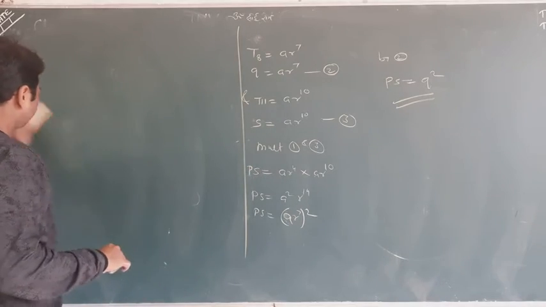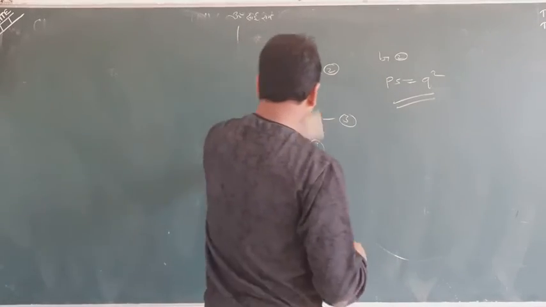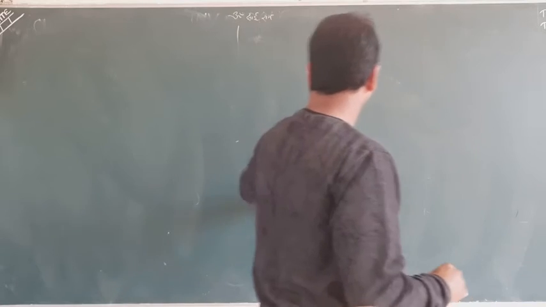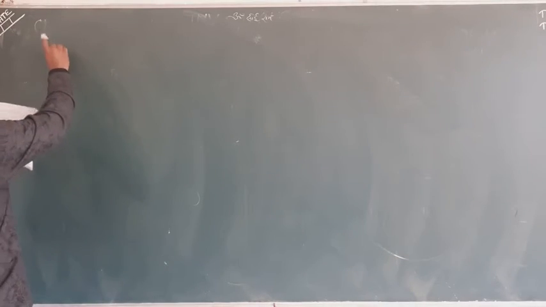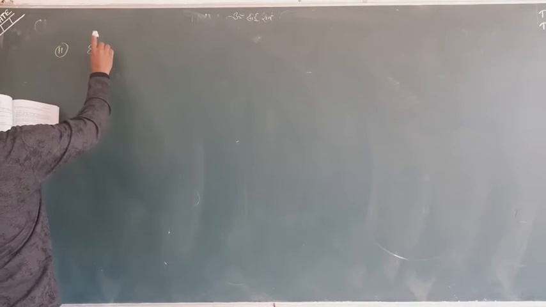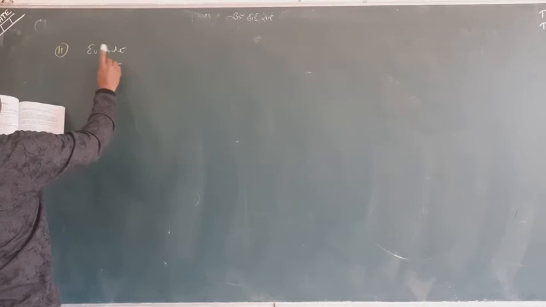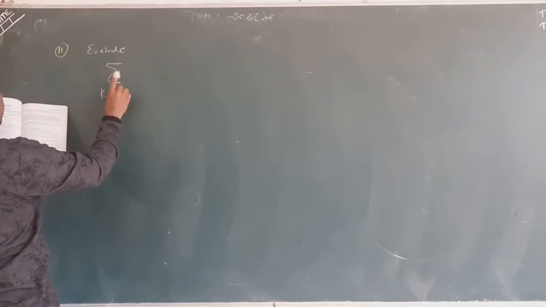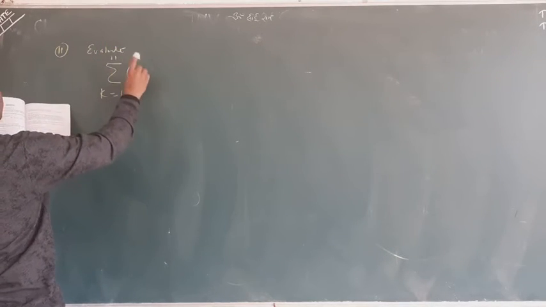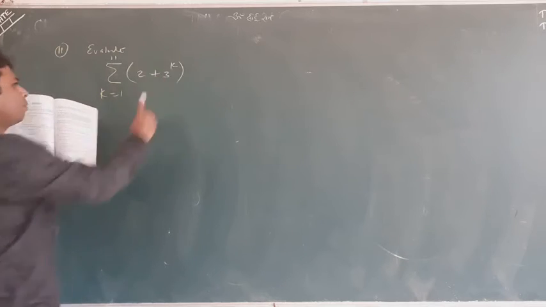Now some questions we will look at of the exercise. Question number 11 I am taking here. Evaluate summation k equal to 1 to 11, 2 plus 3 to the power k.